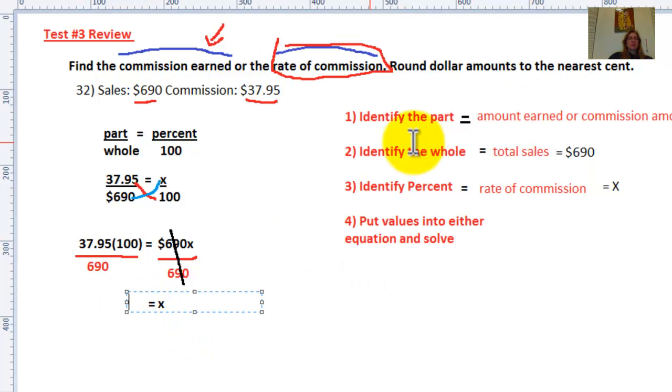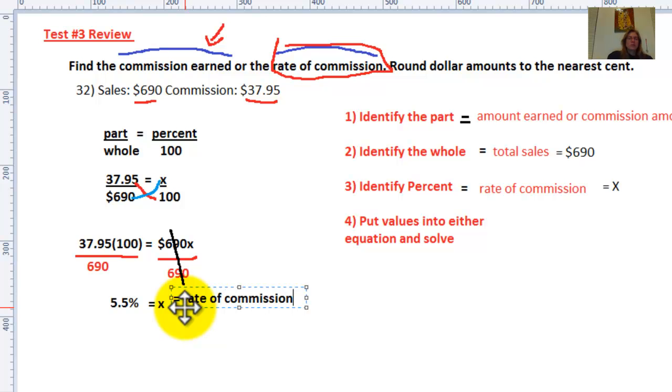So, since we already divided by 100, that gives us 5.5% is equal then to X. And that gives us our rate. That's the rate of commission. That's the percentage.